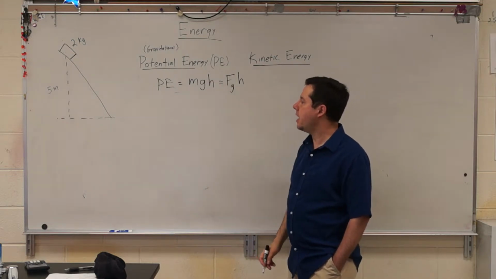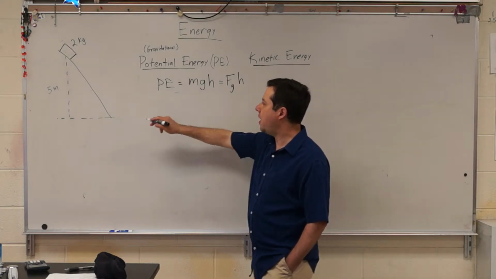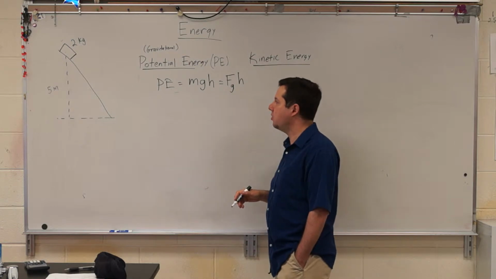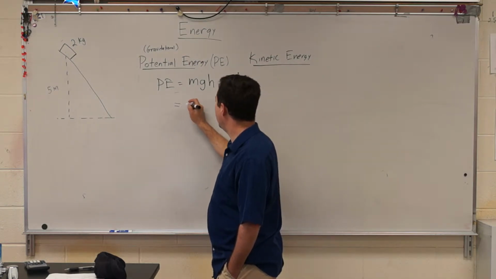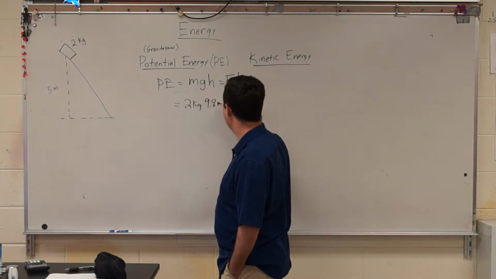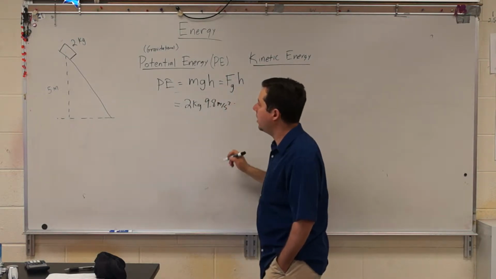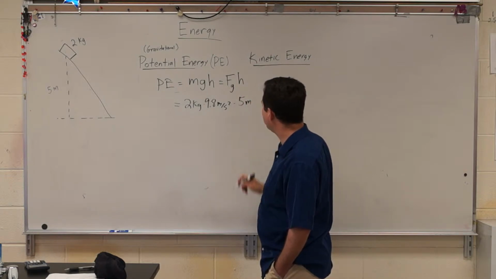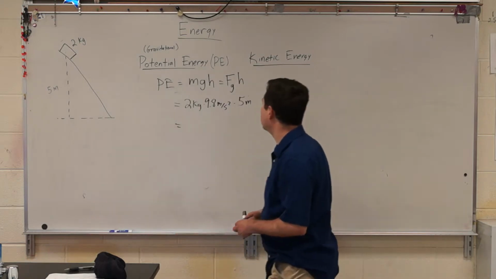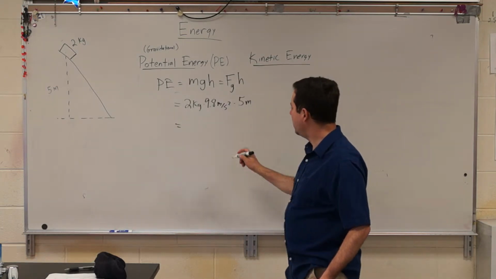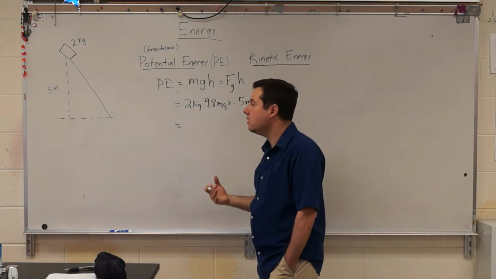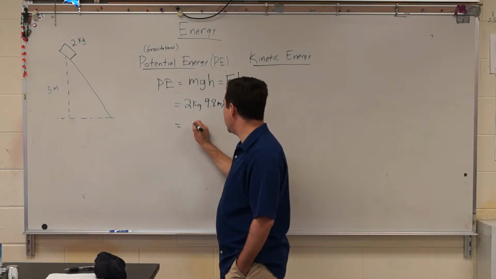So let's say that I have a 2-kilogram box. It's 5 meters above the ground. Turns out that the incline does not affect the gravitational potential energy at all. So it ends up being 2 kilograms times 9.8 meters per second squared times the height of 5 meters. We throw this into the calculator. And you should get, I don't even need the calculator for this, because 2 times 5 is 10. 10 times 9.8 is 98.